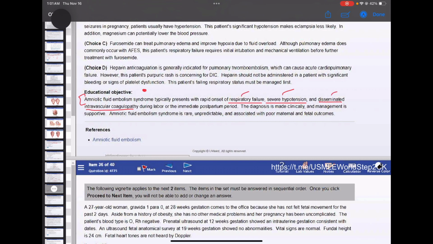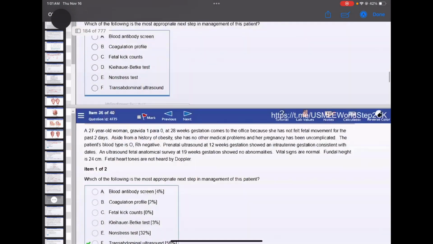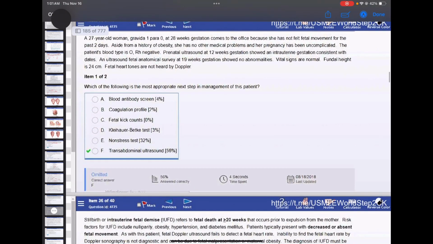It could be during labor or immediately postpartum. The diagnosis is made clinically and management is supportive. Amniotic fluid embolism syndrome is rare, unpredictable, and is associated with poor maternal and fetal outcome.